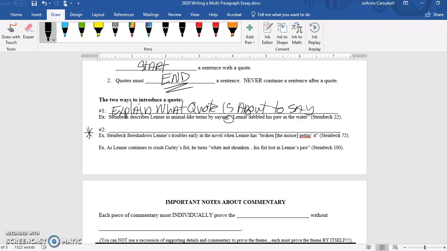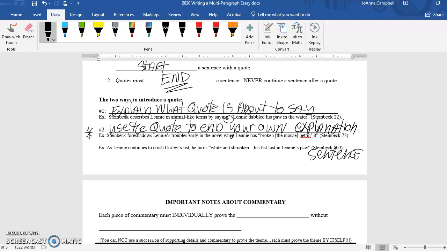The second way is use the quote to end your own explanation sentence. Okay. So Steinbeck foreshadows Lenny's troubles early in the novel when Lenny has broken the mouse pet net.